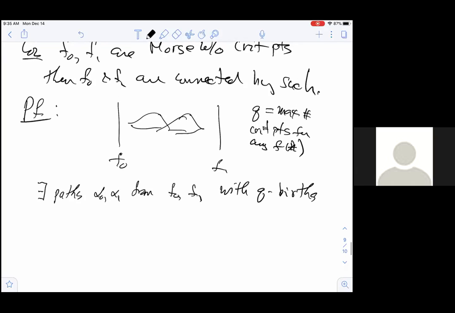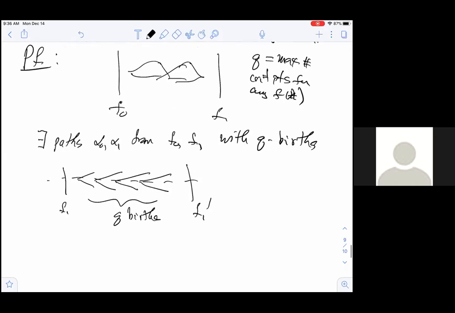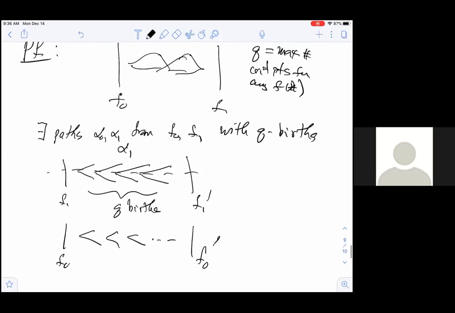So now starting, say, at f1, f1 has no critical points. I can just do a succession of births, nothing very interesting, and get an f1 prime, and I do Q births, no crossings. I can do the same thing for f naught, these births, and get an f naught prime.